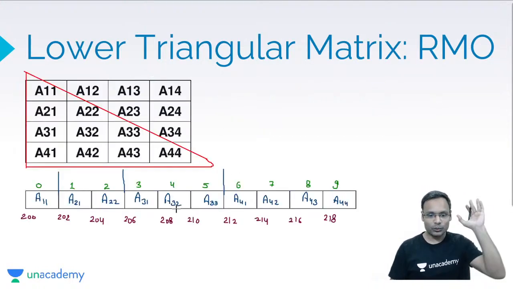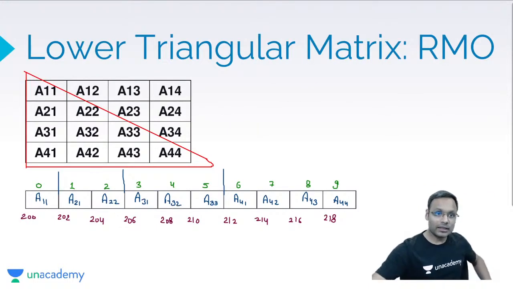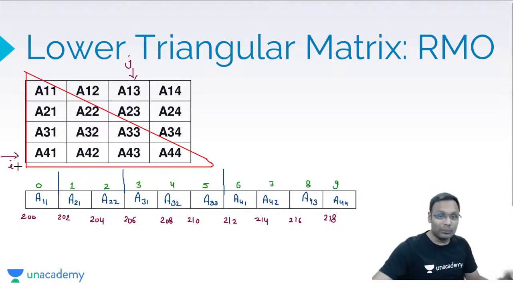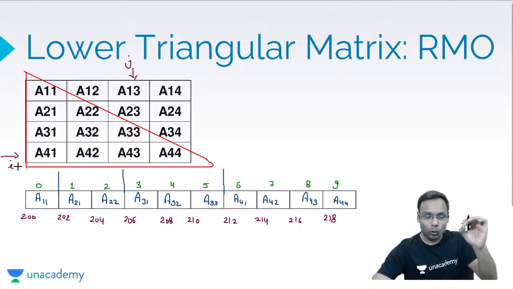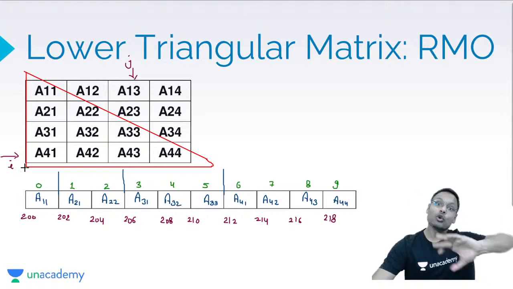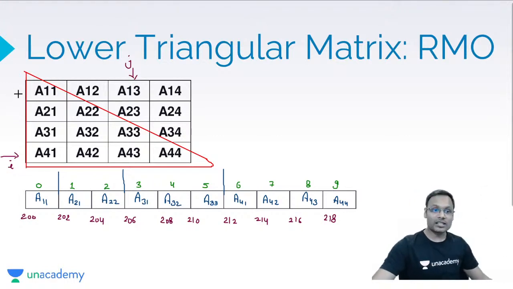ये लिखा क्यों है मैंने? ये देखो यहाँ पे. See, look at this. Suppose I am saying this is my ith row and this is my jth column. I'll have to first reach the ith row. Before reaching the ith row, up to I minus 1 rows, all the rows I have stored, starting from 1. Here the row number starts from 1.